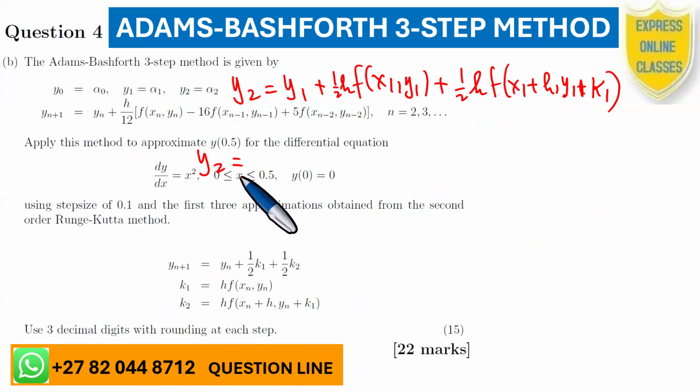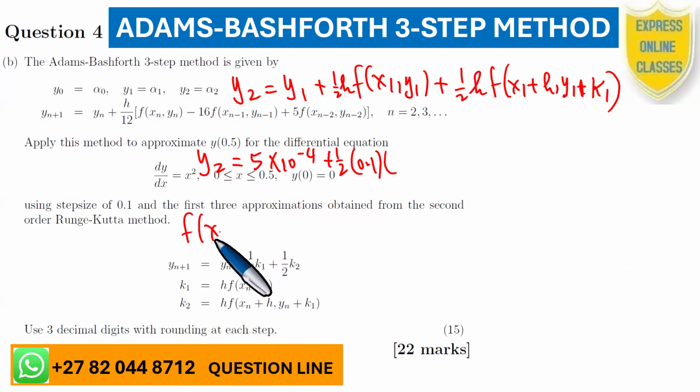Right. So now we have y2, which is y1. Y1 is 5 times 10 to the power minus 4. 1/2 of the h is 0.1. And then if this is the case, we have f of xy is dy dx.